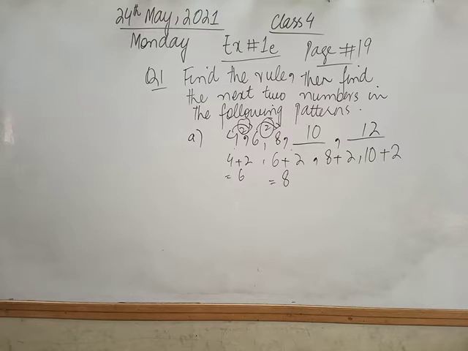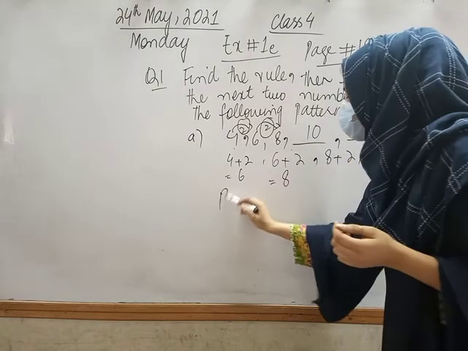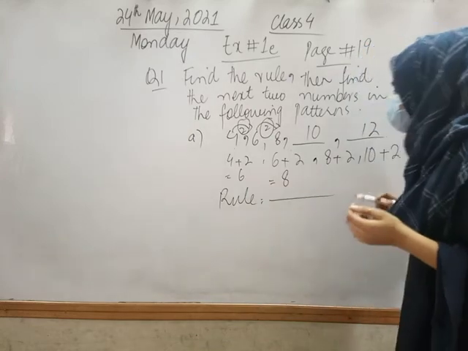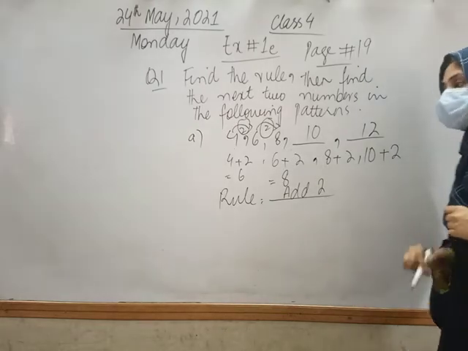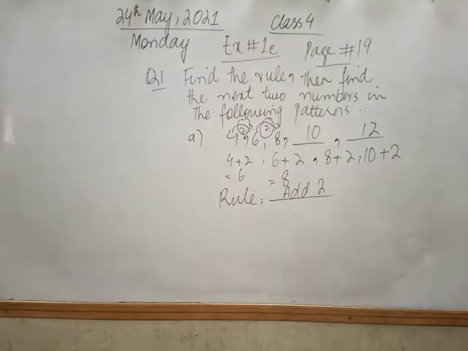Isn't it, class? Okay. Now through this we will find the next two terms. So these are the next two terms, and what is the rule? What will the rule be in this? Very good. Add 2. If you look, in every next term we added 2 to get the next term. We will add 2. Is it clear, class? Fine.